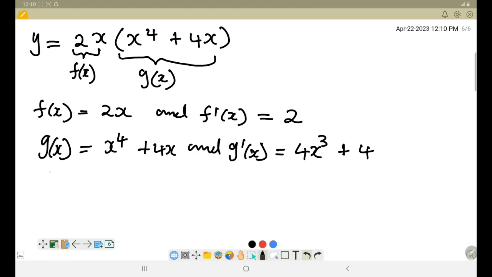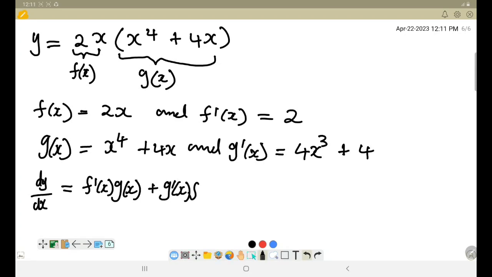Now you have everything that is needed for the equation, because the equation says that dy/dx is f prime times g plus g prime times f.